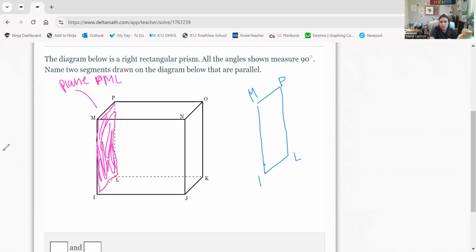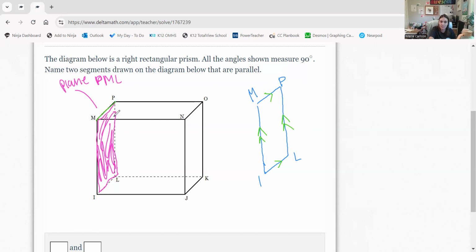If I want to find parallel segments, I hope y'all know that this is really just a rectangle, right? It's a slanted rectangle. We're viewing it as an angle. So this side should be parallel to the opposite side. So MP should be parallel to IL, and IM should be parallel to LP. Opposite sides are parallel in a rectangle or in a square or in a parallelogram. However you want to look at this shape, I should be able to find some parallel sides.